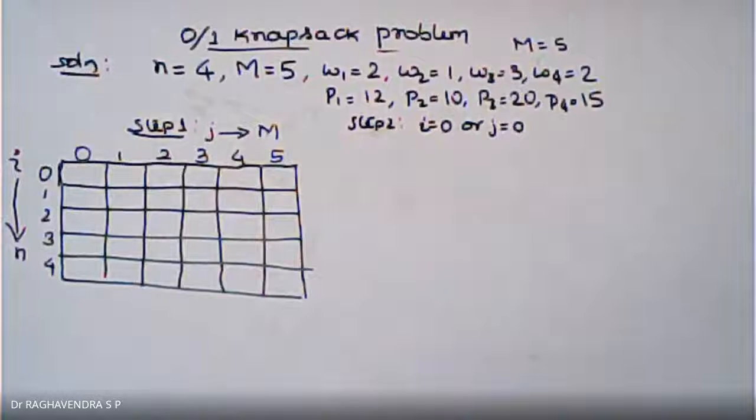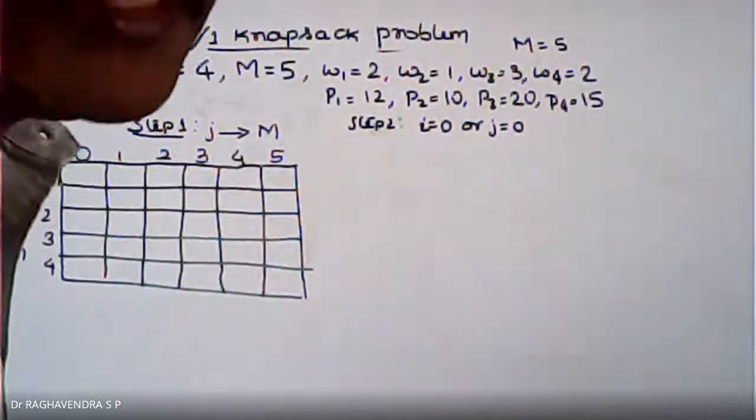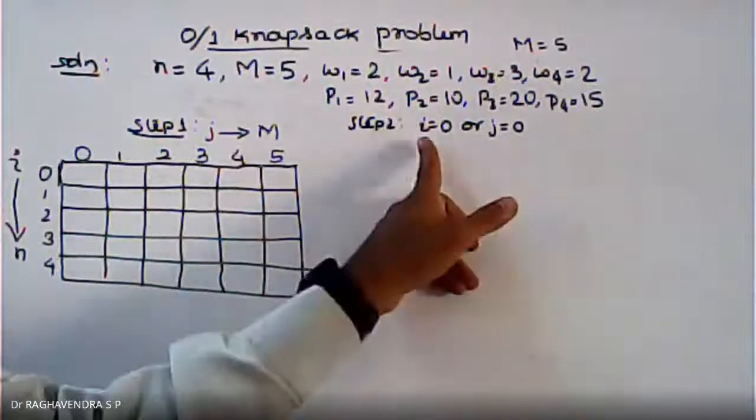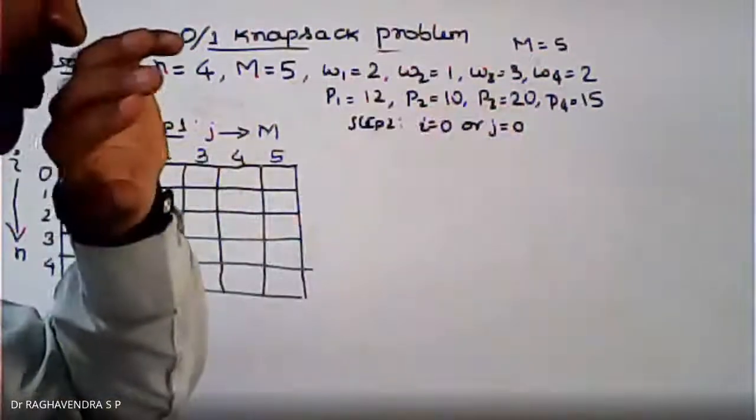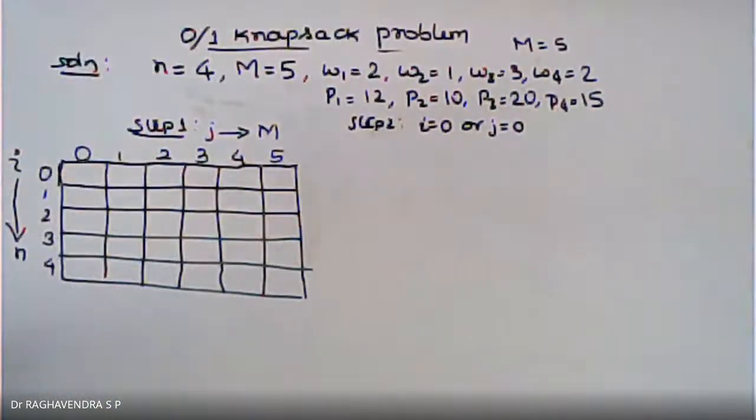Okay, so using equation 1, I have already written an inequality for you, case 1, case 2, case 3. So I is equals to 0 or J is equals to 0 belongs to which case? Case 1.